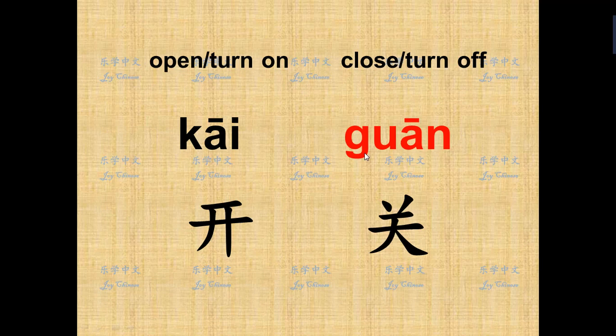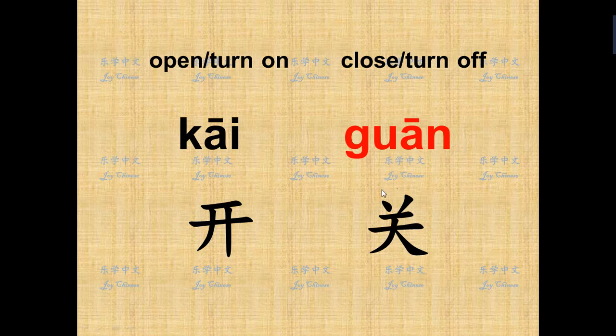Next one is a combination of 歌 and uan with the first tone. 歌安关 means turn off or close or shut down. 关, the opposite word of it is 开, we have learned in the previous video. Combination of 科 and I with the first tone. 开.